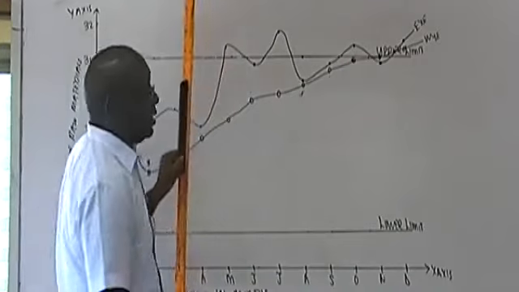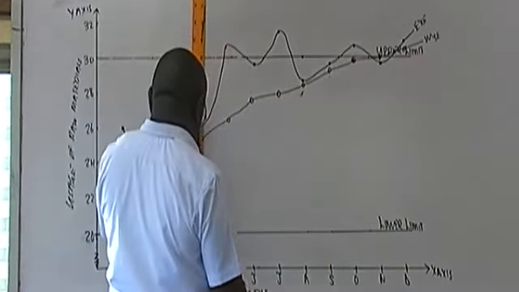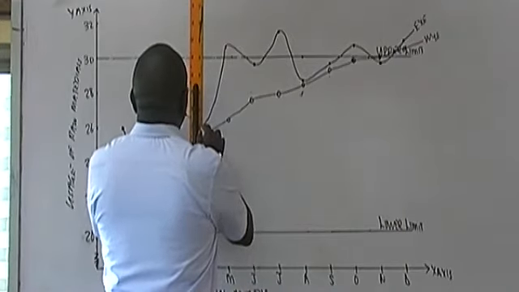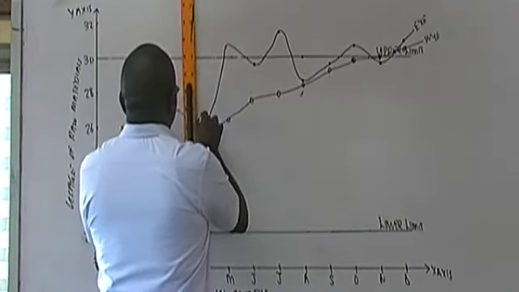Then 26,750. So 26 here. So 750 could be somewhere here.